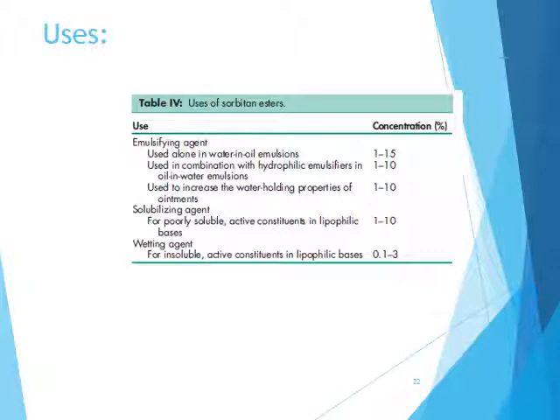They are used to increase the water holding properties of ointments, also at 1 to 10%. As solubilizing agents they use the same concentration, and as wetting agents, normally for insoluble active constituents in lipophilic bases, we use 0.1 to 3% of spans.